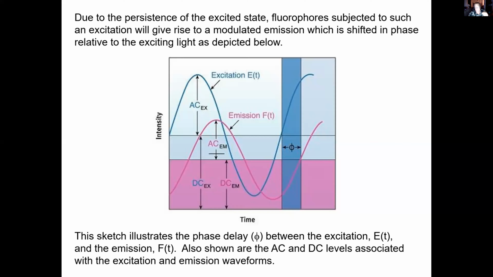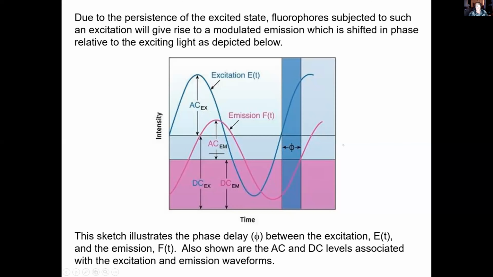Then it also goes down, but it never comes down as deep as the excitation, because it starts getting pumped up again, as you see. But you have a delay in phase, or a phase shift, between the excitation and emission.